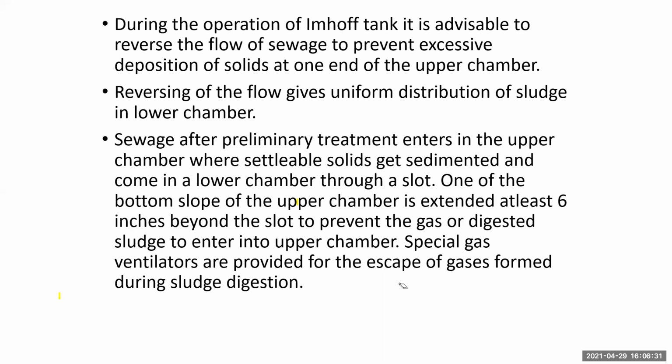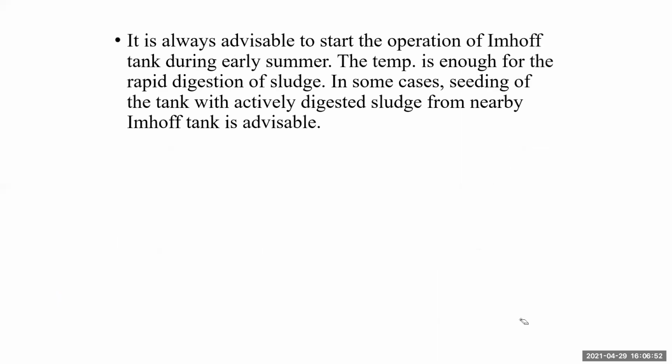So the extended arm does not allow the gases to enter the upper chamber, or the sludge which has flown down to enter the upper chamber. We have also seen that special gas ventilators are provided so that the gases formed during sludge digestion escape out of the gas ventilators.